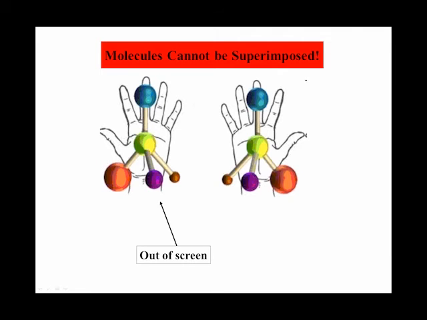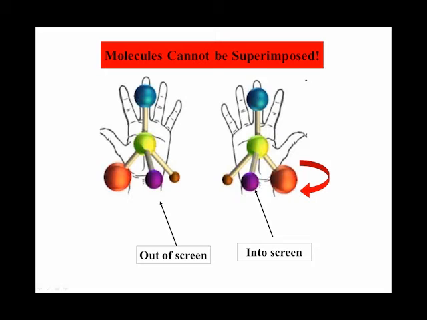See, the molecules cannot be superimposed, and here's what I mean by that. You'll notice that on the left side, the purple atom is out of the screen. If I were to superimpose it by rotating it, the purple atom would then be into the screen.